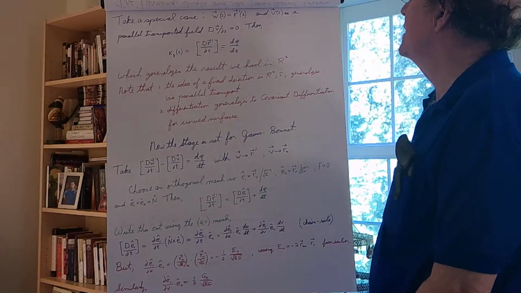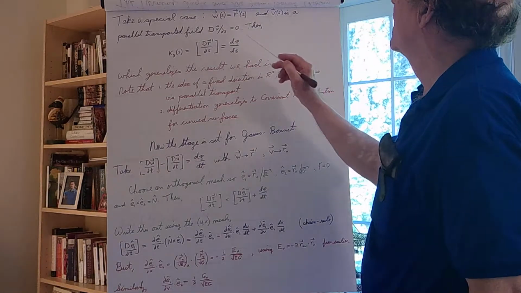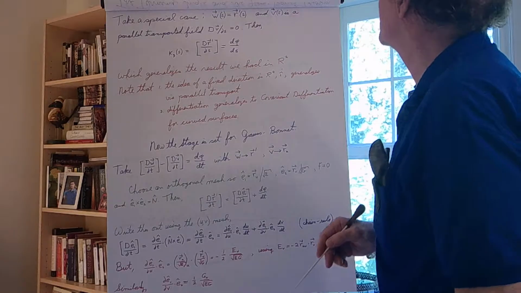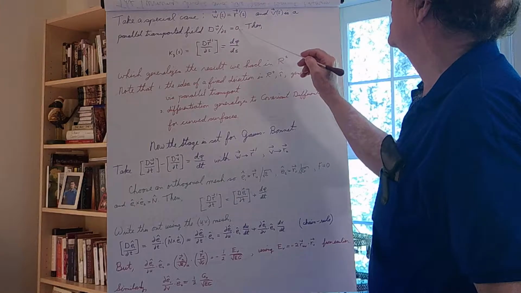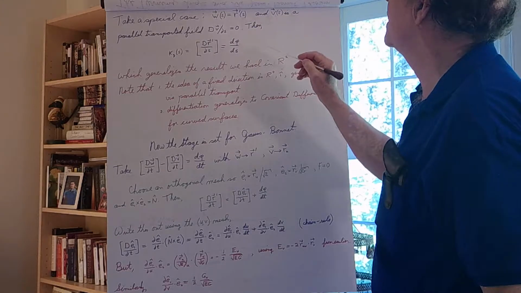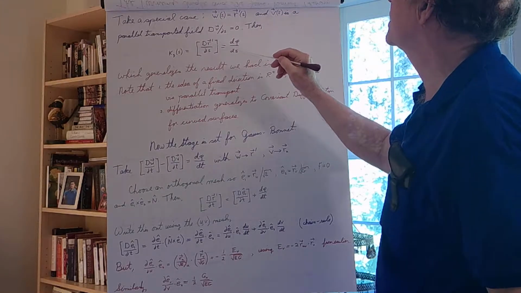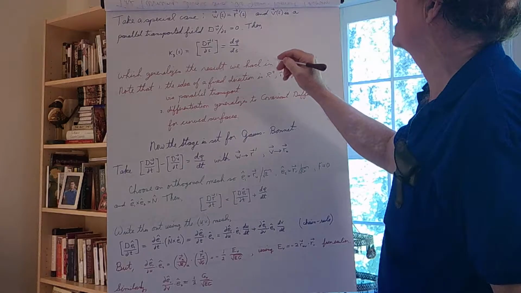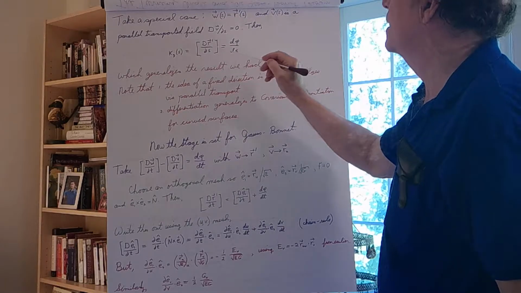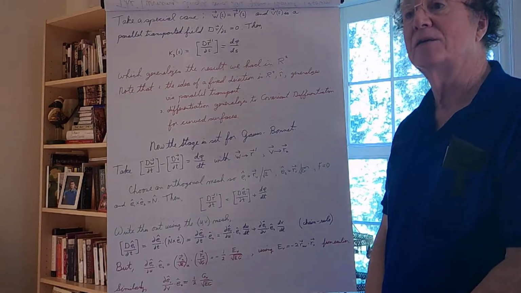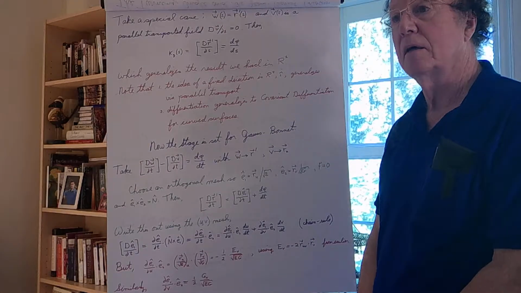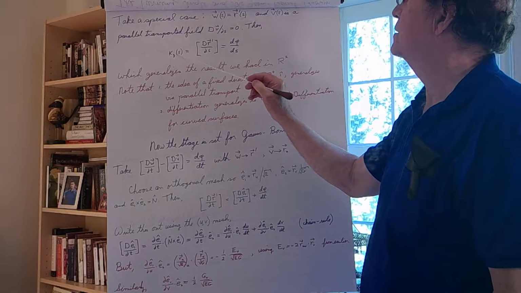So dV ds is 0, and substituting this into the previous equation with dV ds equals 0, one of the terms disappears. The other term is just the magnitude of the covariant derivative of the tangent to the curve. And remember what that means. That's just the geodesic curvature.